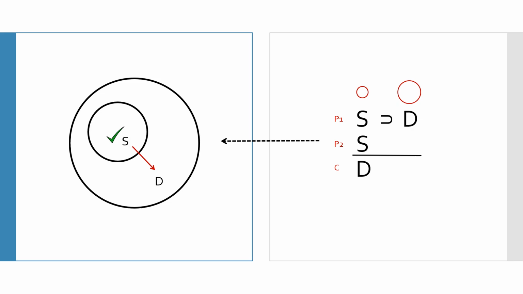And of course, notice if the second premise says for that smaller circle that it's true, so I know whatever I'm talking about fits in that smaller circle, then of course, whatever I'm talking about fits in the larger circle too. If every single S fits into the D circle, and whatever I'm talking about fits into the S circle, then necessarily it must fit in the D circle too.